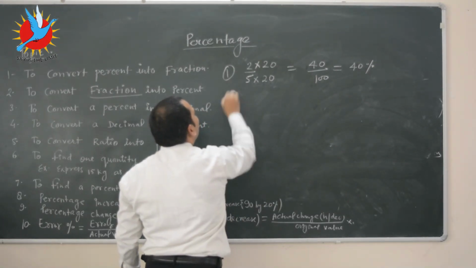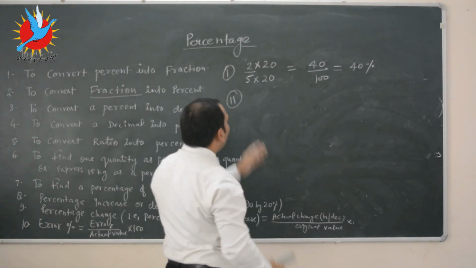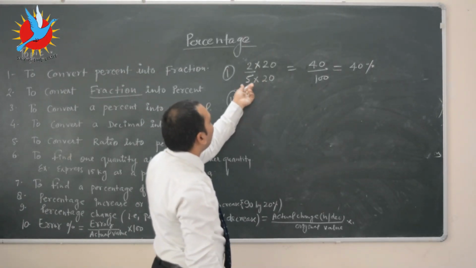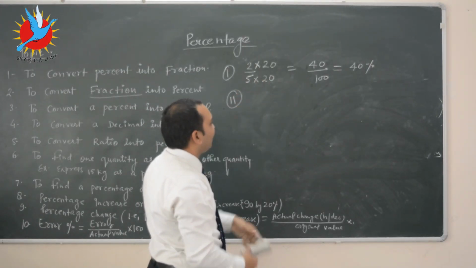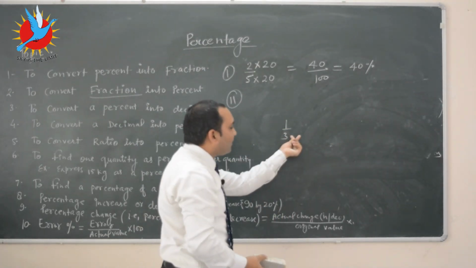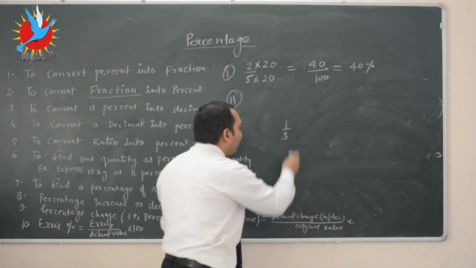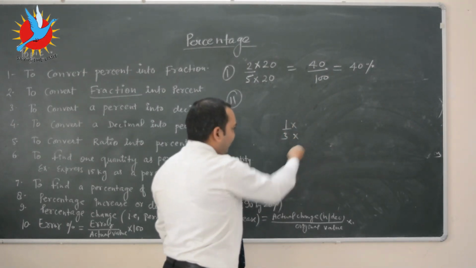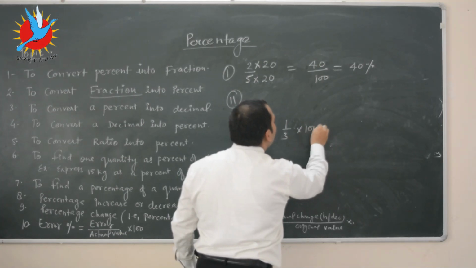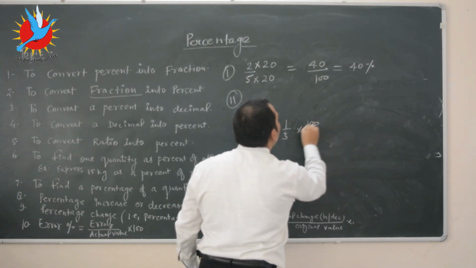And the second method: if we don't know by which number we multiply in the denominator to make percent, consider 1 upon 3. Here is the problem: by which number do we multiply so that the denominator will be 100? It is not clear, so we multiply directly by 100 upon 100.